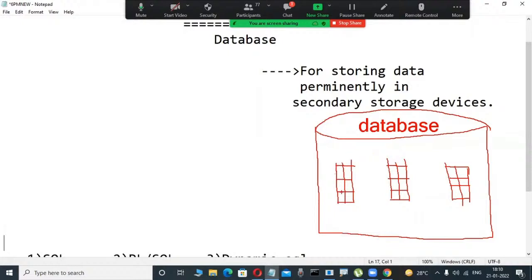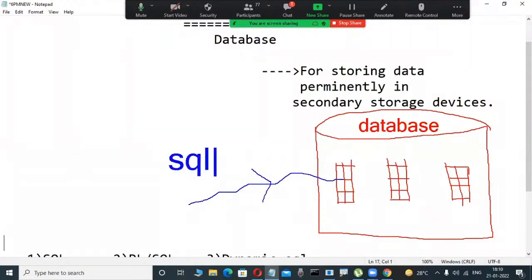That's why a structured collection of data is stored here, and we operate on this data using SQL, a language, structured query language.